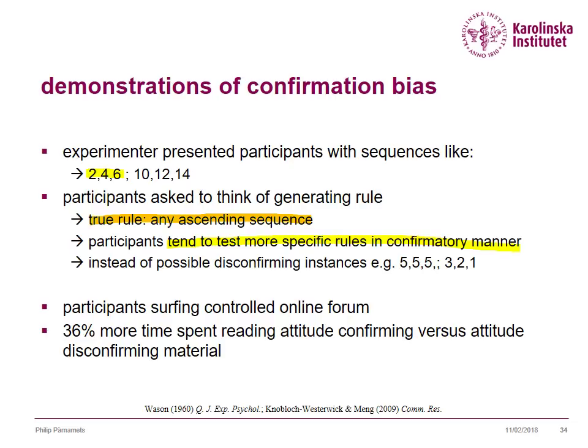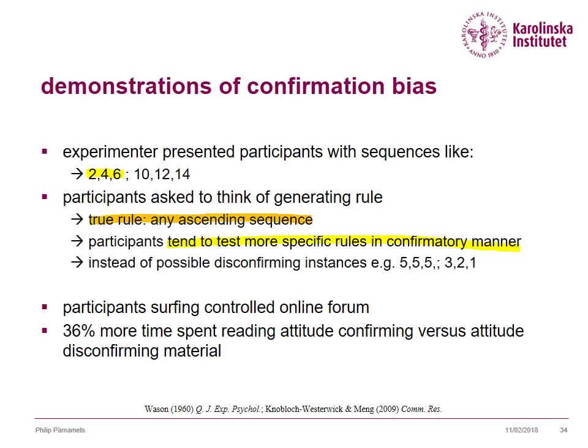And even if they would diverge from this pattern of increasing by 2, or maybe test something like 5, 15, 30, that would still conform to the experimenter's rule. And this is because participants will usually think of a generating rule, and because of confirmation bias, think of sequences that confirm their expectation.